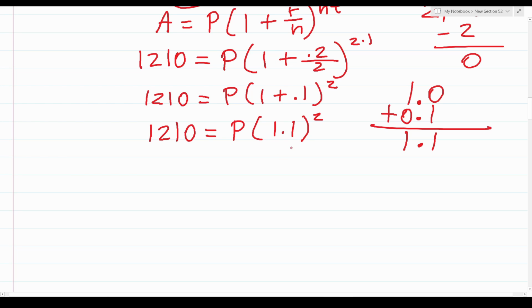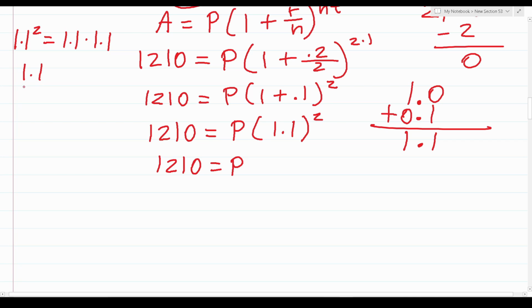And as we can see, this says 1210 equals P times 1.1 squared. Well, we're going to have to work that off to the side. So let's go ahead and do that over here. Again, 1.1 squared is the same as 1.1 times 1.1. And I'm going to work that out vertically.